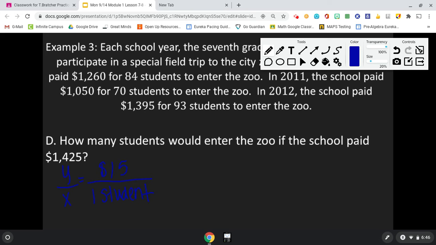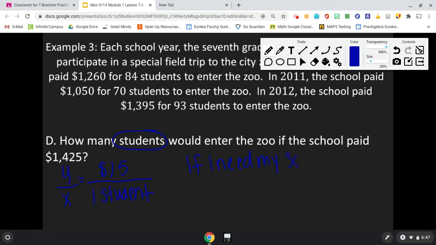So this time it's kind of backwards, and we had a problem like this earlier with the deer. If I'm looking for my X value, think about whether I'm going to multiply still or whether I'll have to divide by the constant. So if I need my Y value, I multiply.